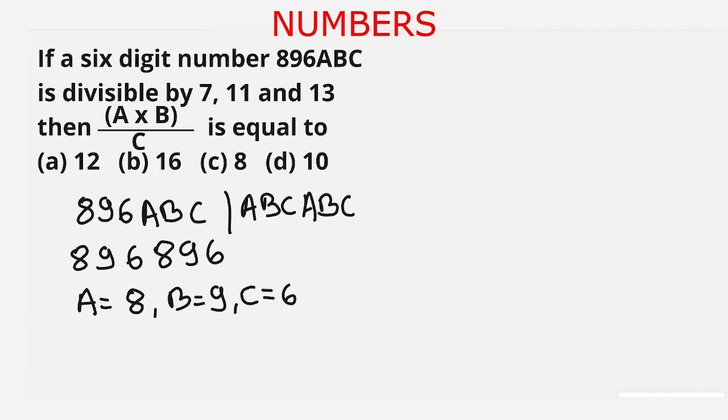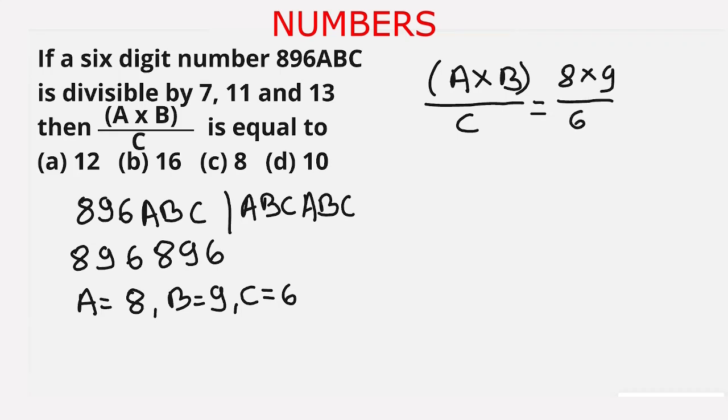And from these values we can easily find the value of A multiplied by B upon C. This is equal to 8 multiplied by 9 divided by 6. 8 times 9 is 72 upon 6 is 12. 72 when divided by 6 gives us 12.